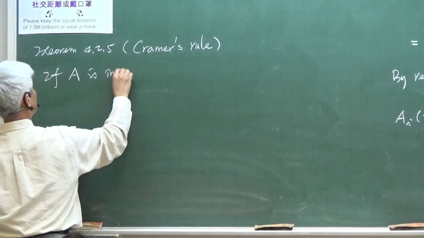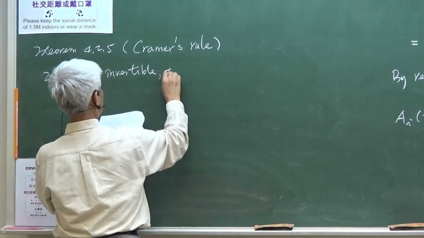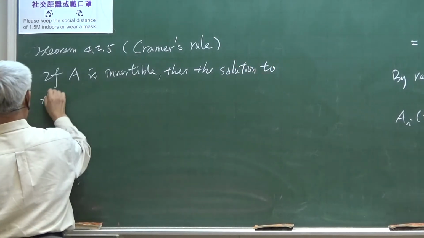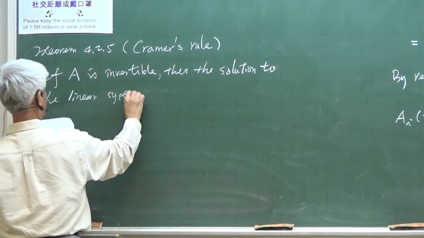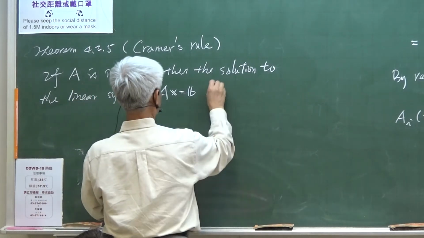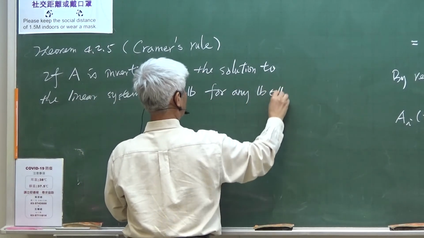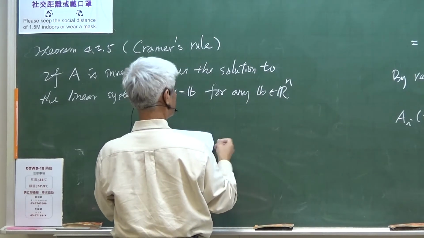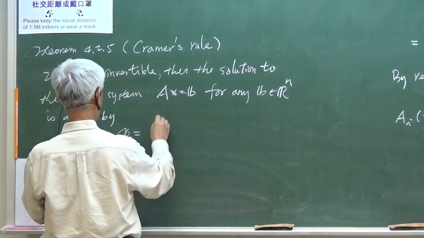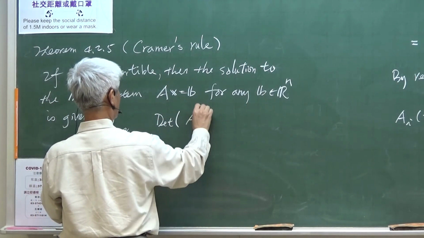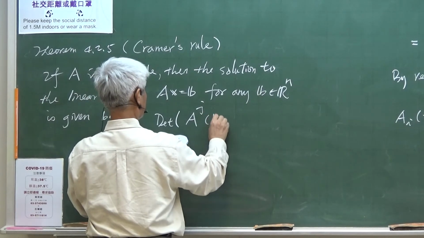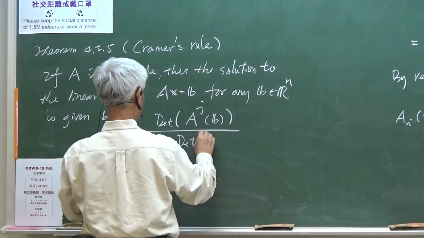If A is invertible, then the solution to the linear system AX equal to B, for any B in Rn, is given by Xj equal to the determinant of A_j(B) divided by the determinant of A.